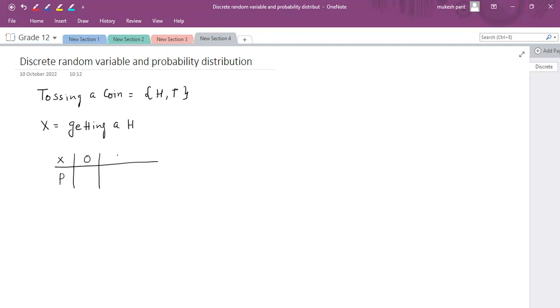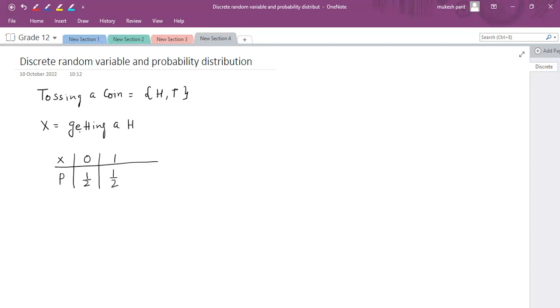If you can get a head, that means 1, since there is only one toss. So the probability of not getting a head, denoted by random variable X equals 0, is 1 over 2, and the probability of getting a head is also 1 over 2, right?